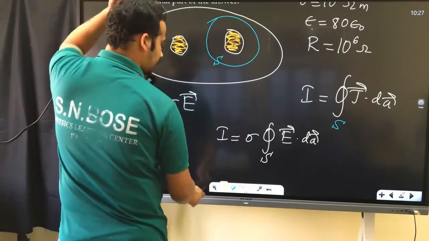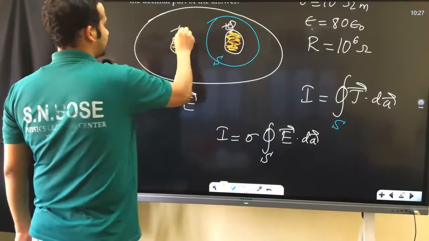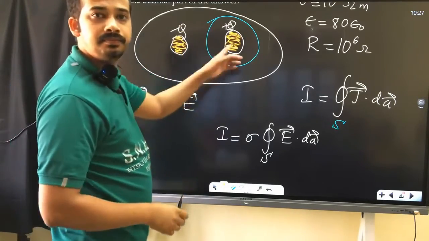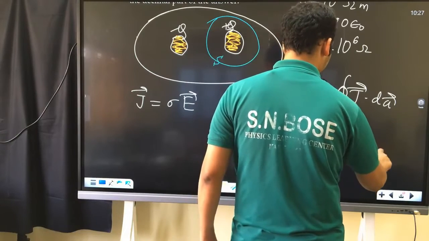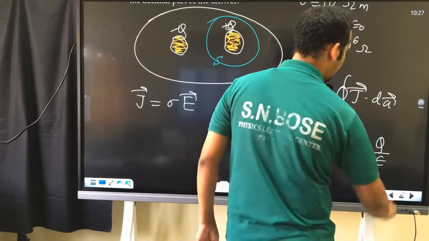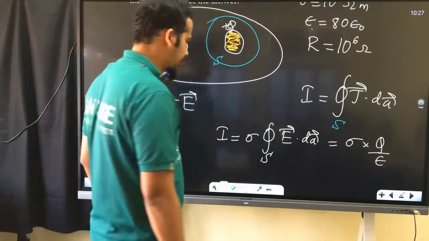We have assumed two charges, which he didn't mention actually. So plus Q here, minus Q here. So that is equal to sigma times Q by epsilon. Is that okay?